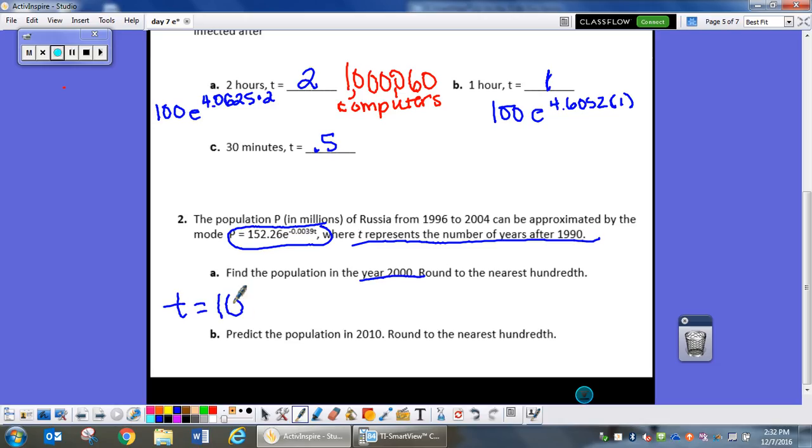That means 10 years. Miss Bailey was a 10-year-old tot in 2000. But then in 2020, this is where Miss Bailey started to really thrive. I was 20 years old, so your T would be 20 there. So you can use your T's to calculate the population of Russia.